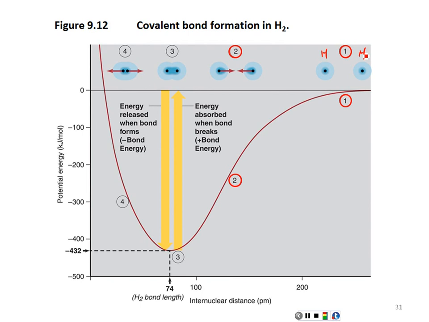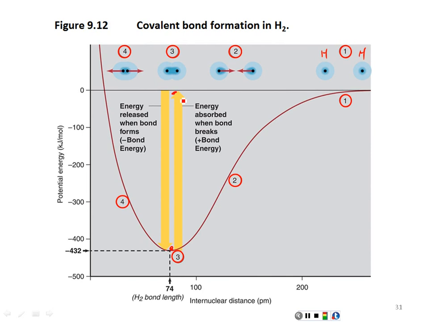As they get closer, the electron cloud from one is feeling the nuclear attraction from the other. There comes a certain point where they reach an optimal distance apart from one another. And if they get any closer than this, the nuclei start repelling one another. And this minimum, the depth of this minimum, is the bond energy.